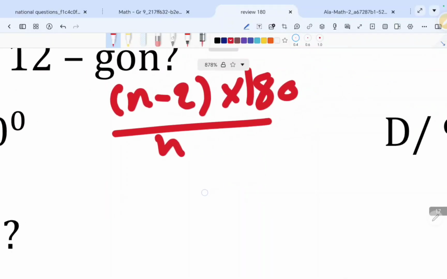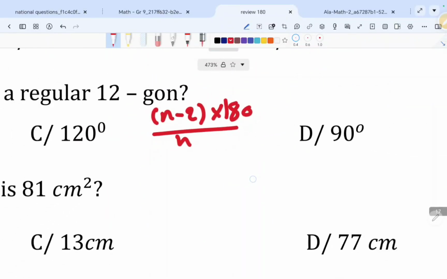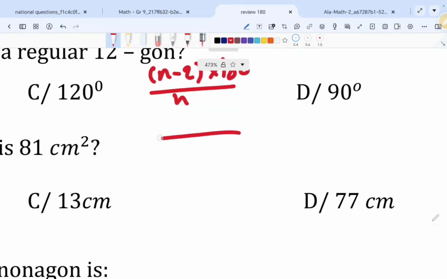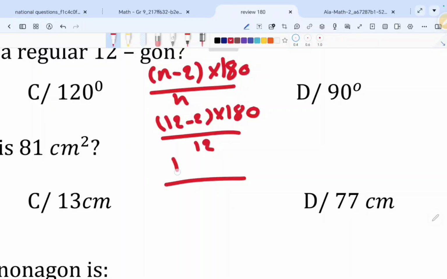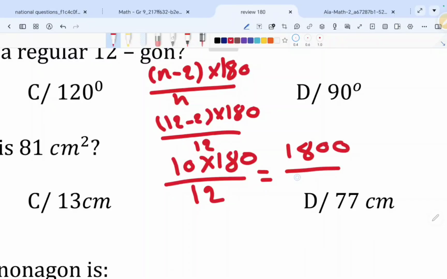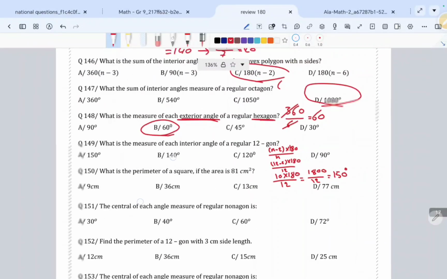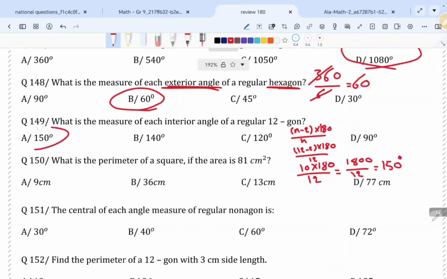They say 12-gon, so it will be 12 minus 2 times 180 out of 12. 12 minus 2 is 10. 10 times 180 out of 12. This is equal to 1800 divided by 12, which is equal to 150 degrees. Which one is correct? A is the correct answer.